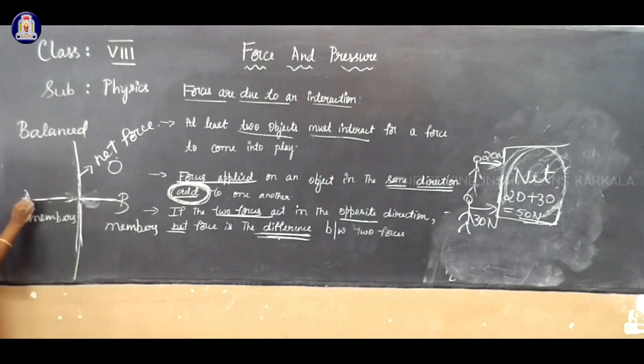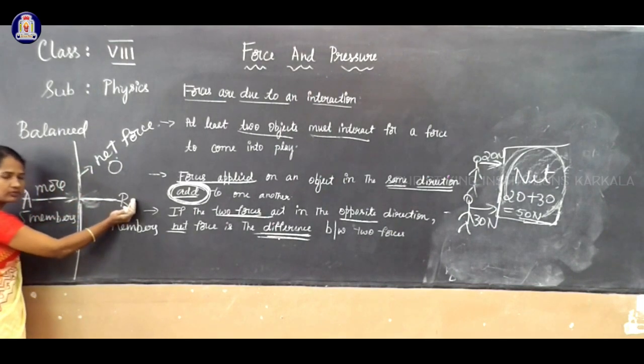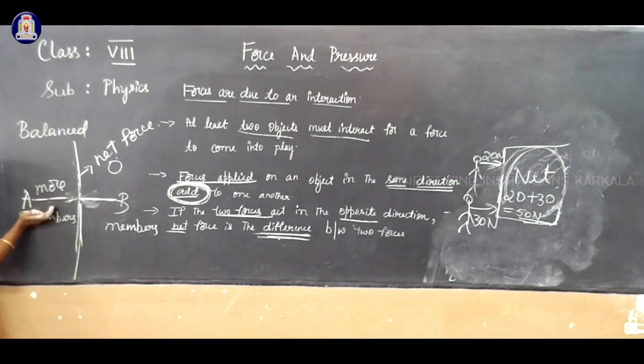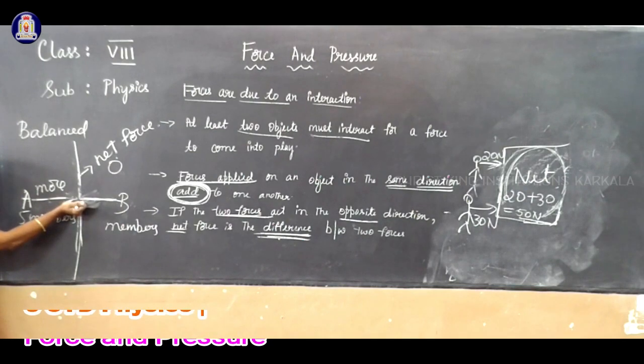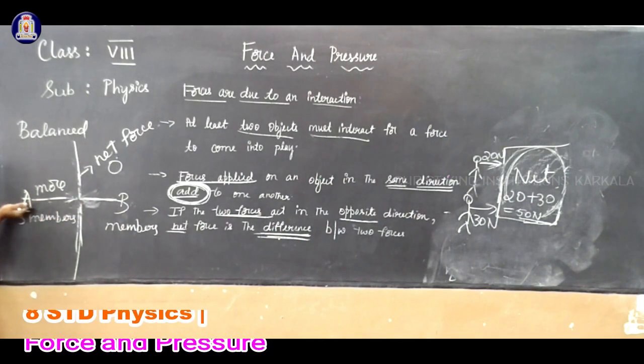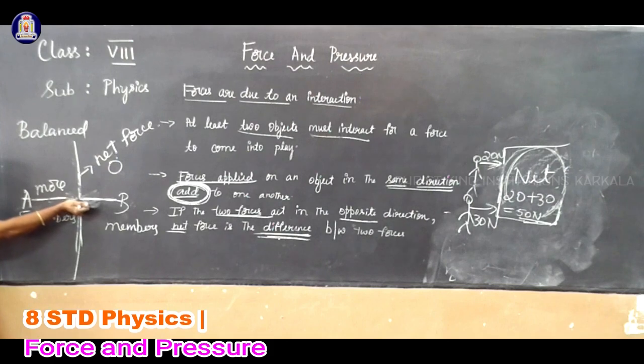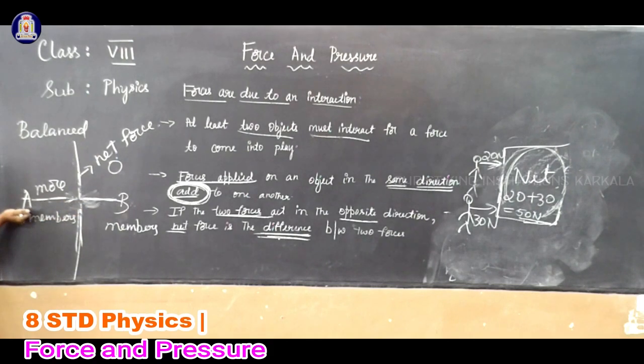Suppose the members of team A apply more force on the rope than team B. Then the rope starts moving, in which direction? Towards team A. Why?